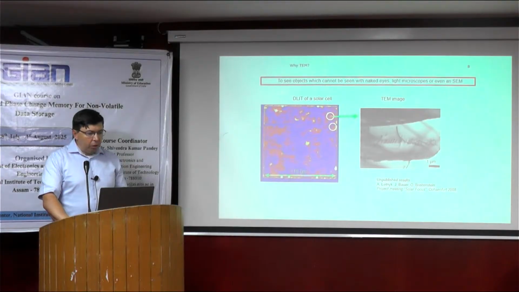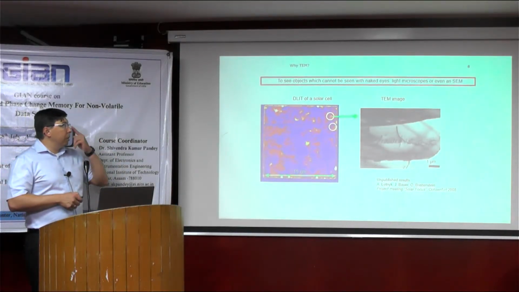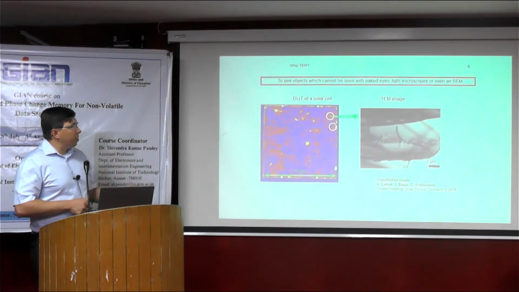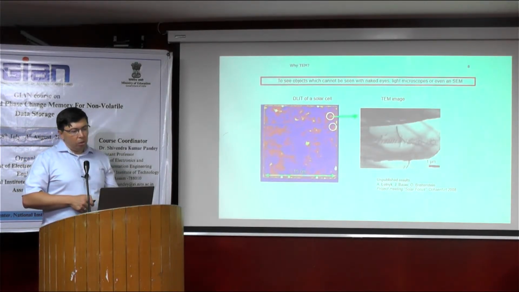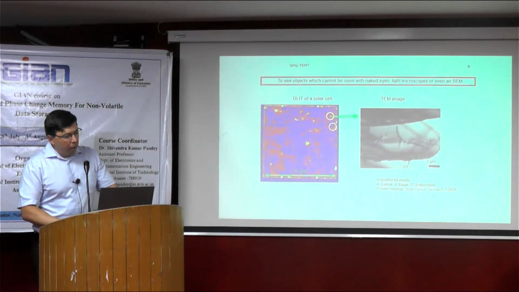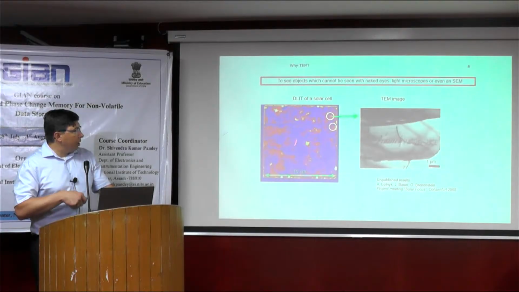So what can we do with a microscope? We can see objects which cannot be seen by naked eyes, or light microscopes, or even SEM. This is one example. This is a typical solar cell, 15 by 15 centimeters.